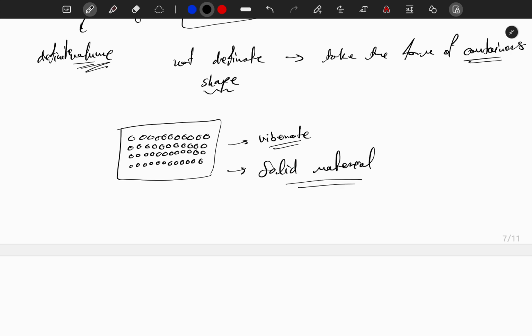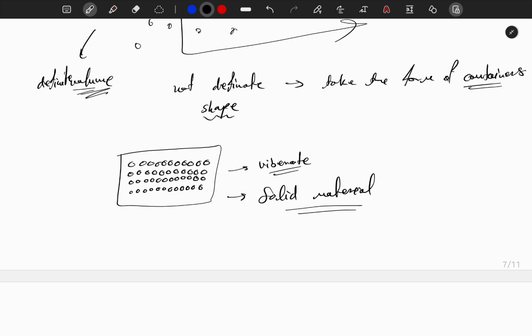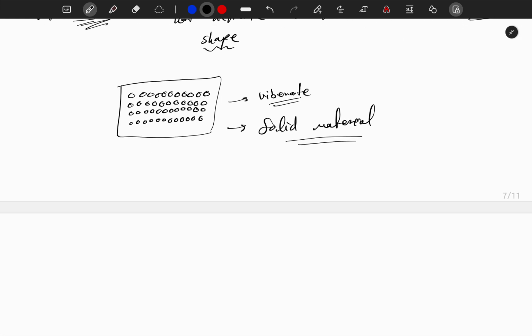Okay, so in solids, the forces of attraction are greater than in liquids and gases, and so we get a solid material. So they will have a definite shape.